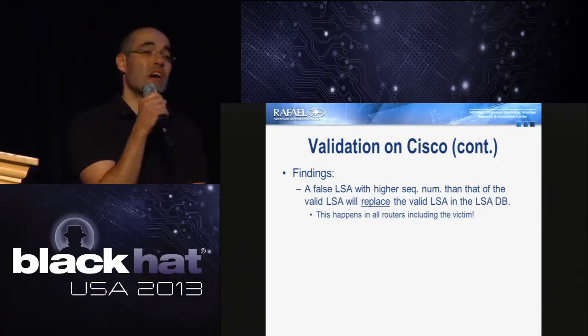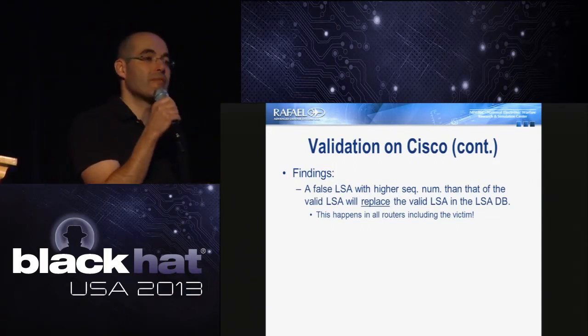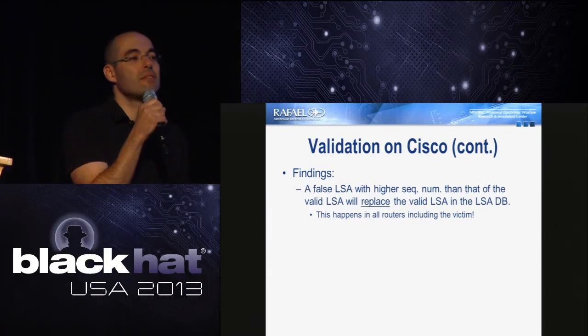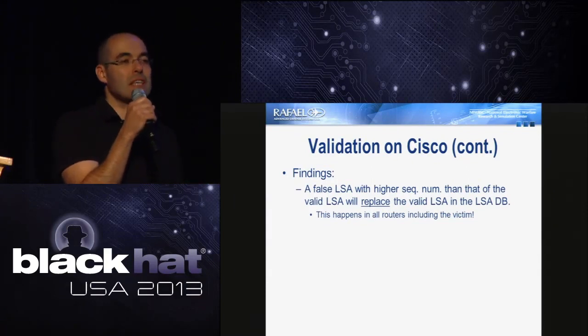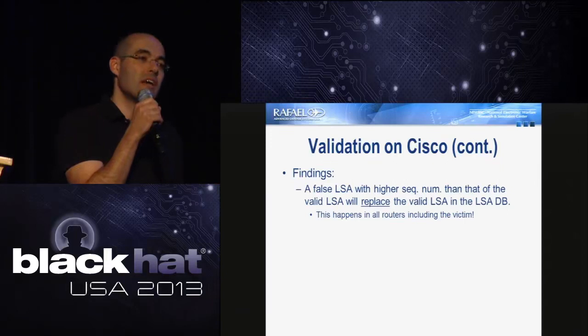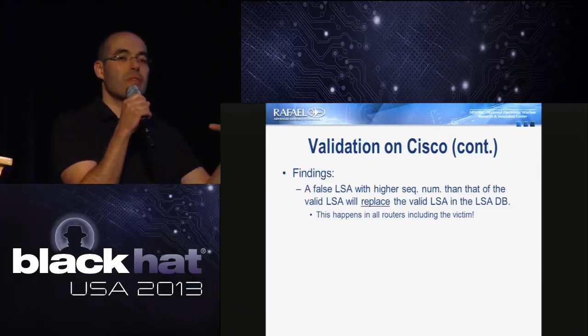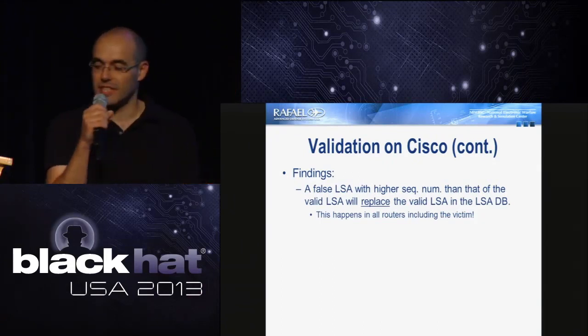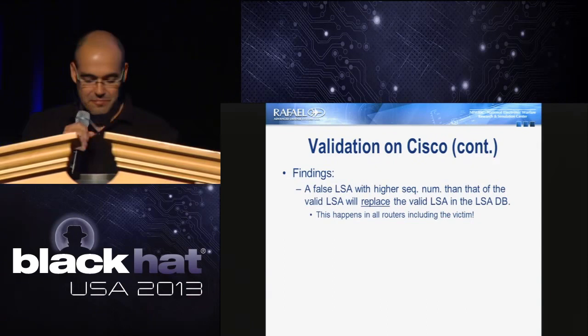And this happens in all the routers, including the victim itself, meaning the victim erases its own LSA from its own LSA database and replaces it with the false LSA we advertised on its behalf, which was quite interesting.